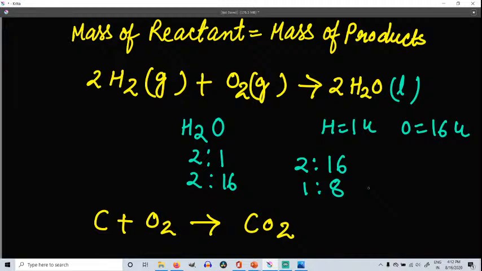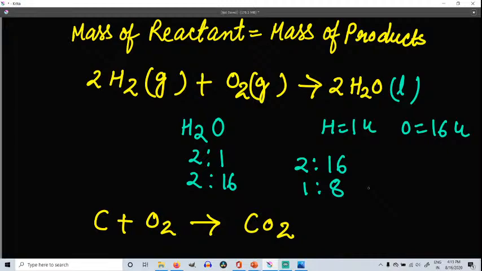If you are making water, hydrogen and oxygen should always combine in a 1 is to 8 ratio. If you are taking 1 gram of hydrogen, you have to take 8 gram of oxygen, otherwise no reaction is going to take place.